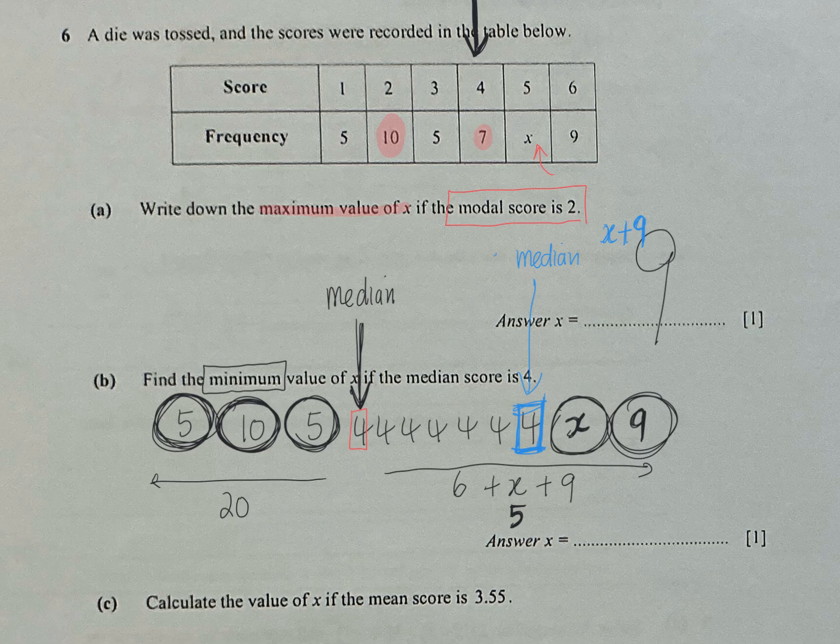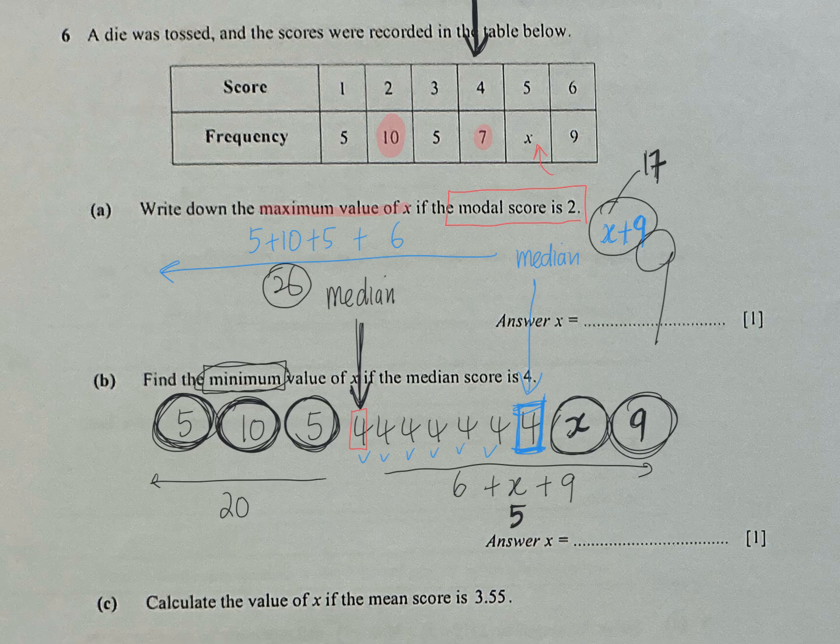And then on my left, I have 5 plus 10 plus 5 and then another 1, 2, 3, 4, 5, 6 of them. So if I calculate all of them together, I have 26 on the left and x plus 9 on the right, which means x must be 17. So these are my two possible answers, which majority of you either gave me 5 or 17.